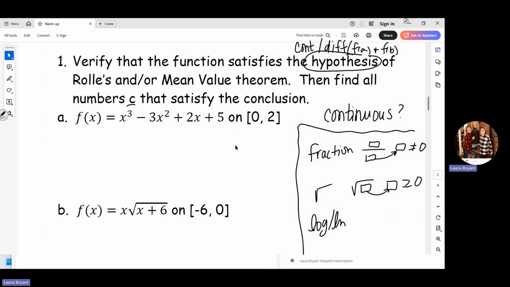Not the square root itself, just the interior part. And if you have a logarithm of something, you take that something greater than 0. This all helps me find my domain. To tell if something is continuous, you look to see whether the domain exists on whatever interval I'm being questioned about.